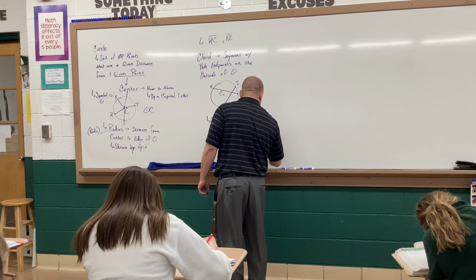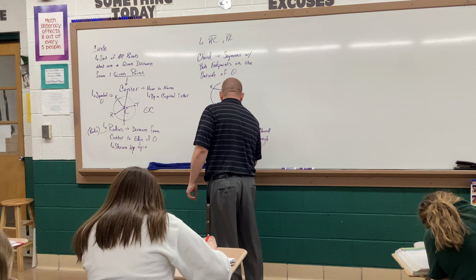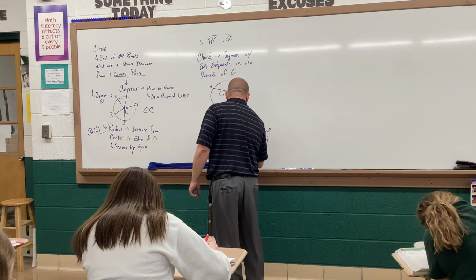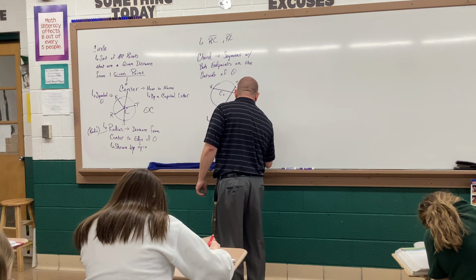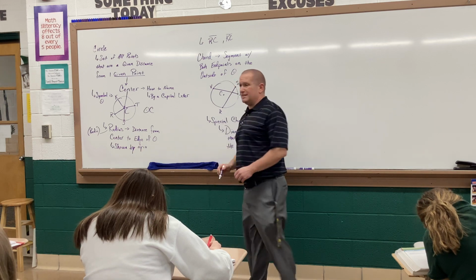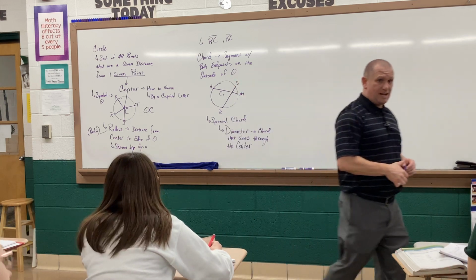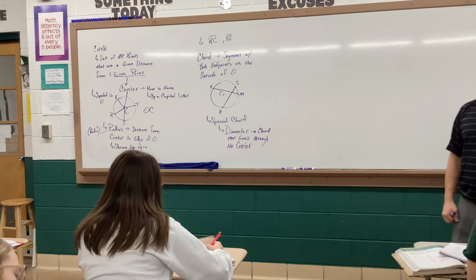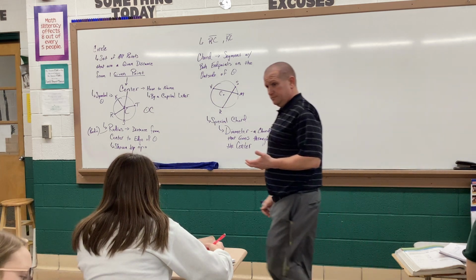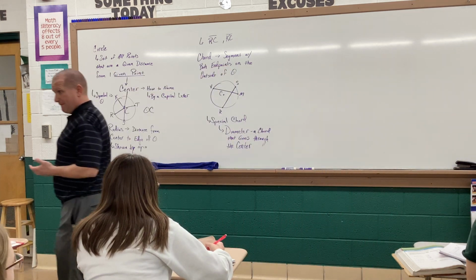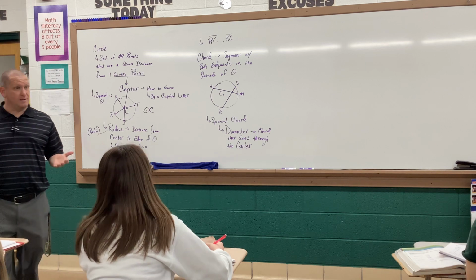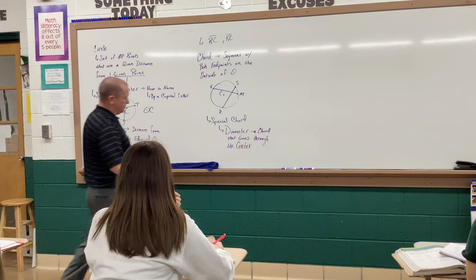So, think about this, don't say anything out loud so everybody has a chance to think. Why is this also special? It's gotta be the what chord of the circle? The biggest or the longest, exactly right.